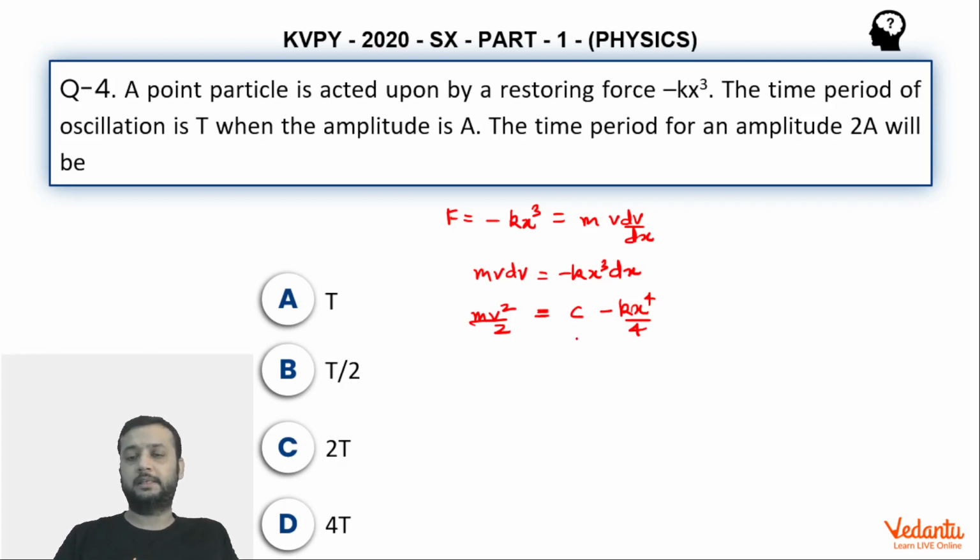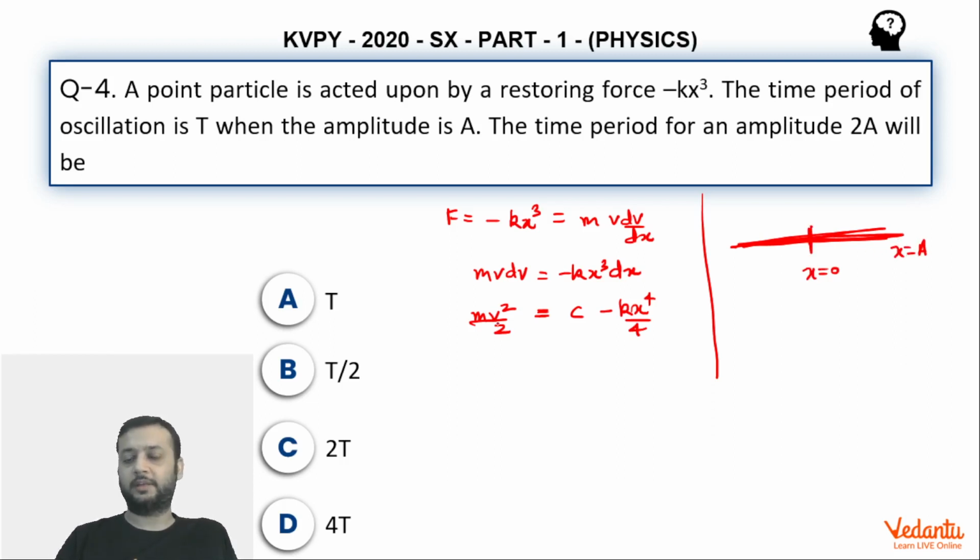Now let's find the value of c in terms of amplitude. If you realize, suppose the particle is oscillating like this, so this is the mean position and this is the amplitude. When the particle is at its amplitude, its speed will be 0, of course.